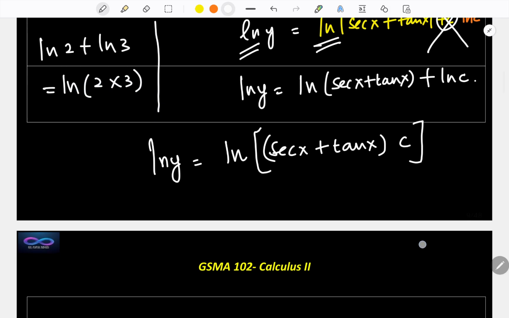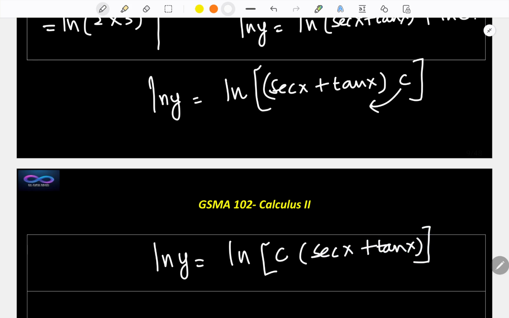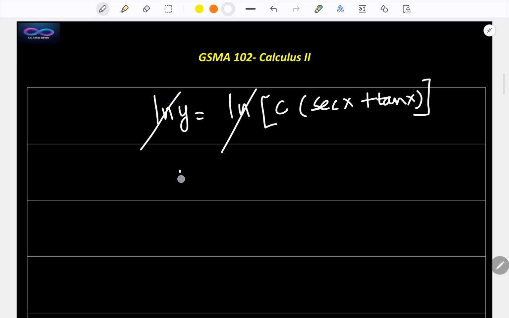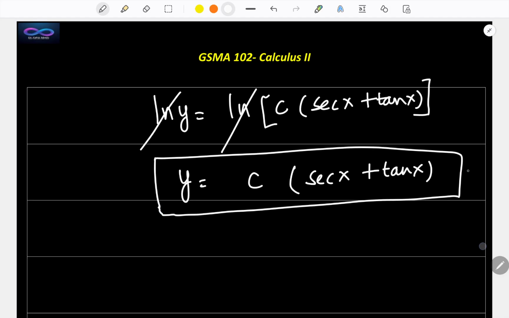This is the rule I am applying. So ln y is equal to ln, let me write c in the front, c multiplied by secant x plus tan x. What happens now? ln gets cancelled. So y is equal to c times secant x plus tan x, which is the solution of the ordinary differential equation.